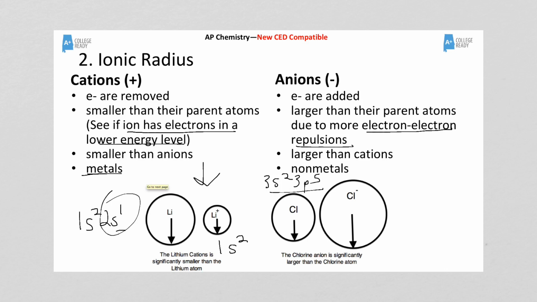Those are its valence electrons. When it gains that one electron, because it's -1, it's 3s2 3p6. So you can't just say chloride is larger because it has 1 extra electron. It's really not about that. It's because that 1 extra electron experiences more electron-electron repulsions and the cloud expands. So don't just say 1 electron makes it bigger. You have to go deeper than that.